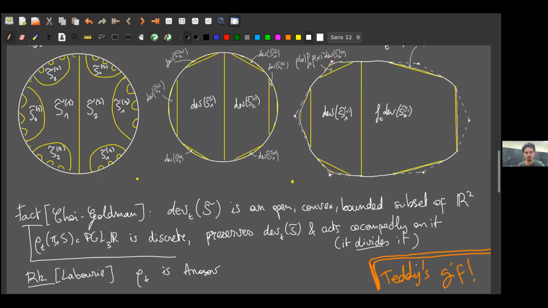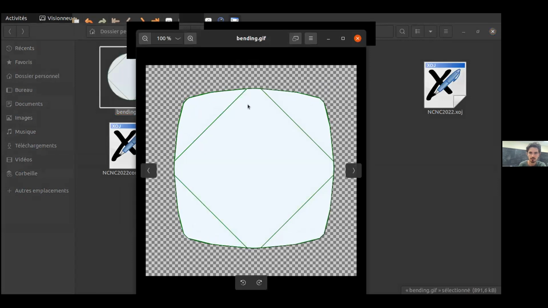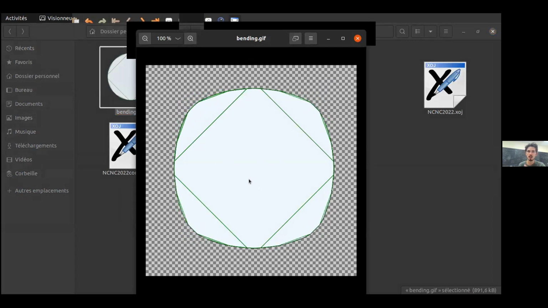Okay, let's have a look at how those convex sets vary with t, thanks to a nice GIF made by Theodore, by Teddy, where you can see t varying. So thank you. By the way, maybe I should mention, Teddy actually wrote a very nice program that is available on his website that you can use for drawings or computations in hyperbolic space or in projective space, computations with representations of discrete groups.